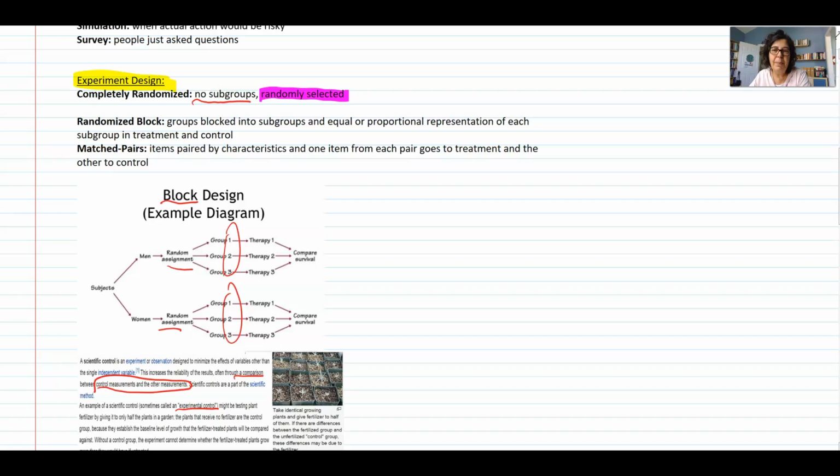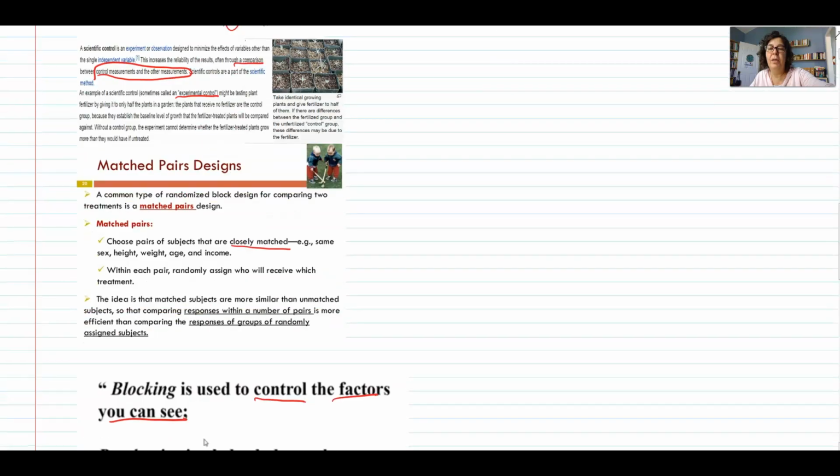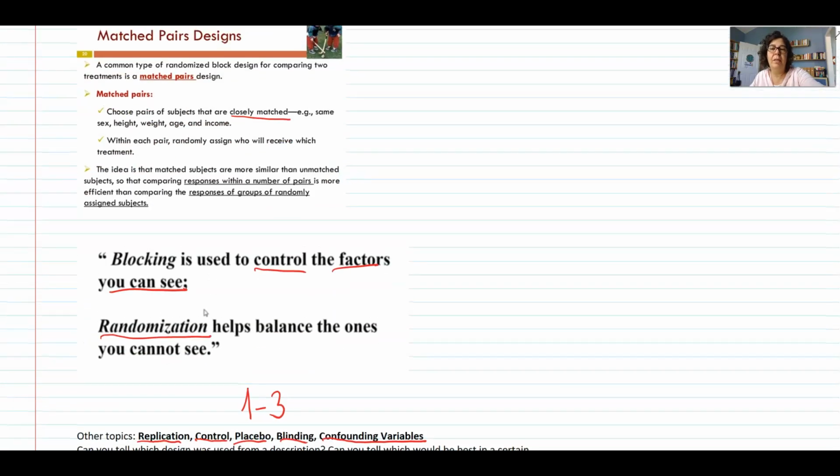Oftentimes students skip that. It's reading, it's not our best forte. Don't do that. Just make sure you really understand what is completely randomized and randomized block. And hence with one thing, that's the difference. Blocking is used to control the factors that you can see, you can identify, like gender, age, grade level. Randomization, you're just helping the balance that you cannot see.